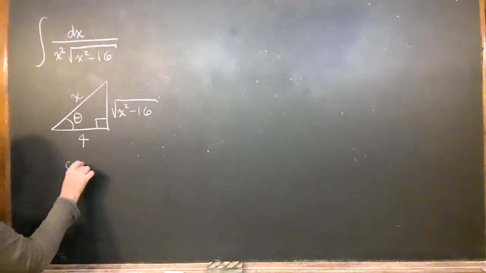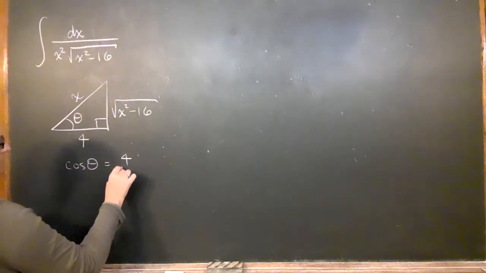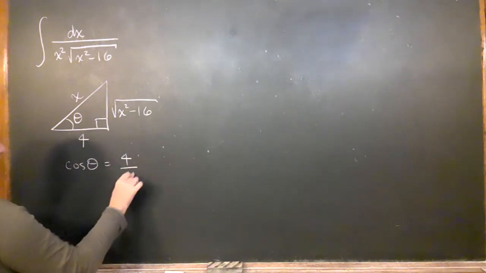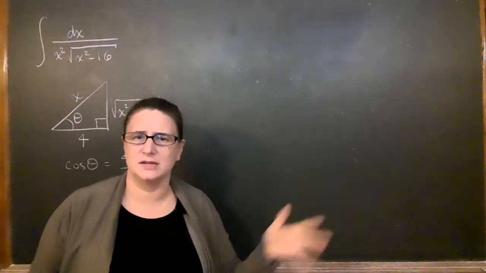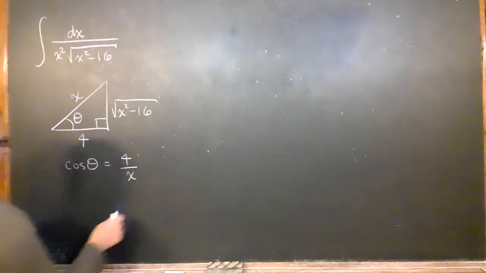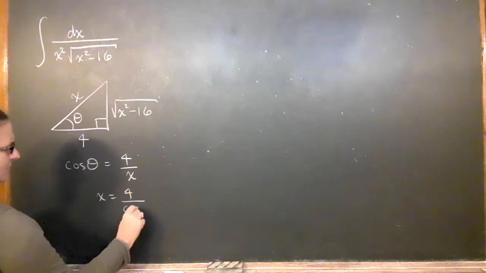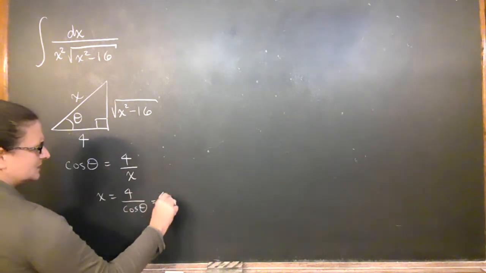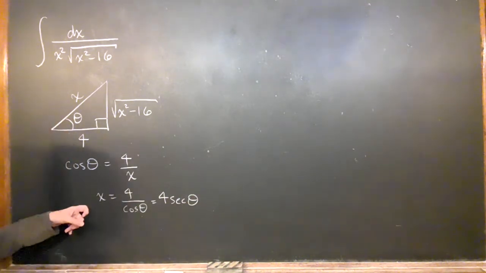I can think about cosine theta being adjacent over hypotenuse, and I always think about it that way because I always think SOHCAHTOA, sine, cosine, tangent. I don't remember the other ones. But now I can see that if I solve for x, I'm going to get 4 over cosine theta. So this is 4 secant theta. So this is going to be what my substitution is.